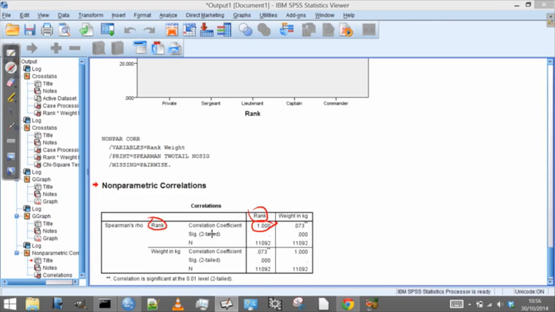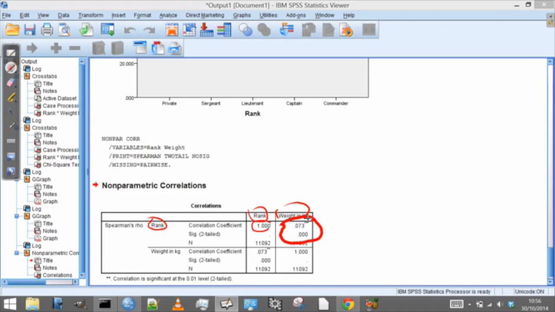Rank compared to weight has a correlation coefficient of 0.073. However, the significance of this is 0.000.